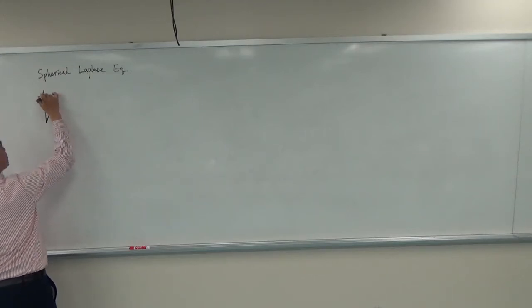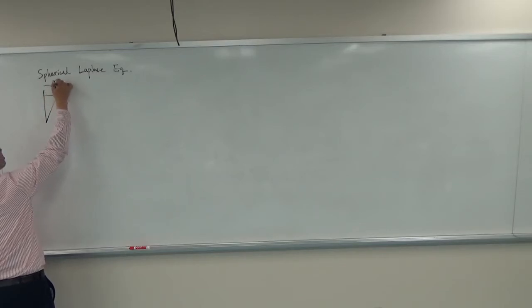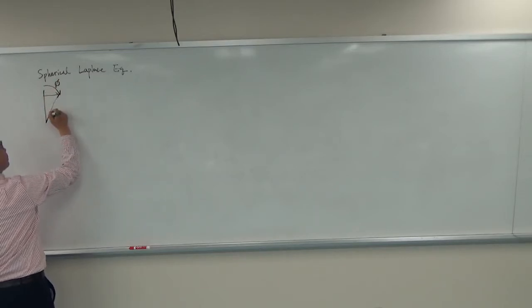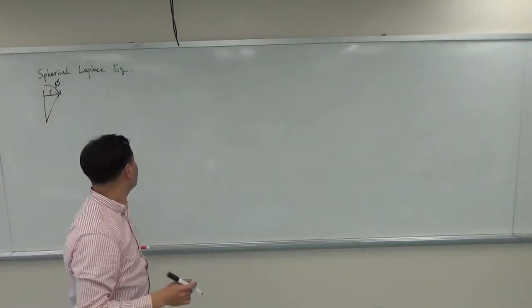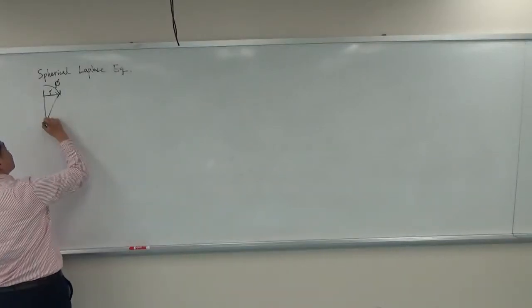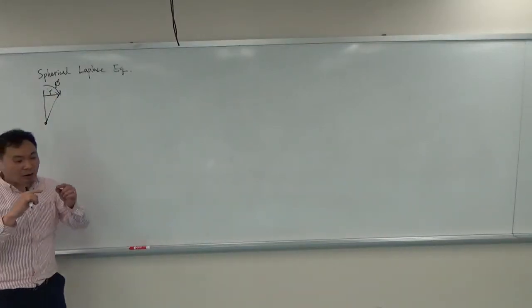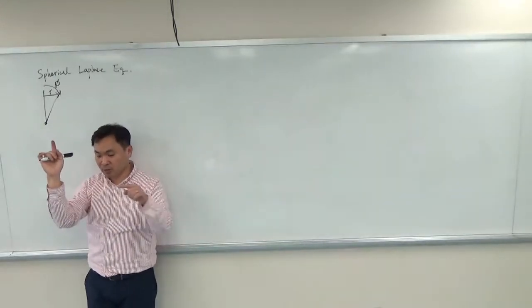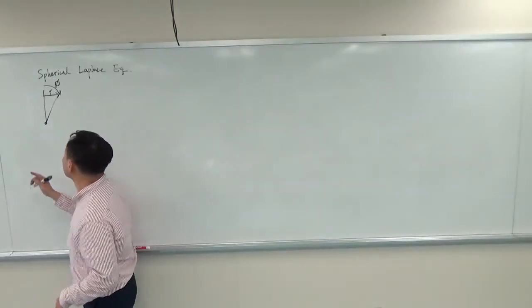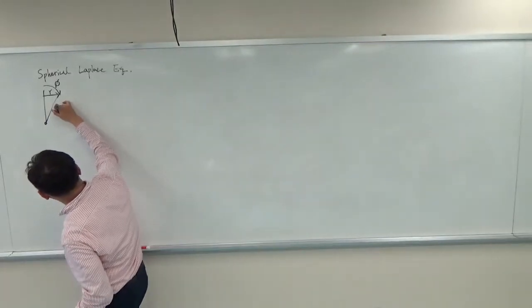You have this picture where the angle from the top is phi, and then you have the usual r that you know from the polar. r in the cylindrical coordinates is the distance from the z-axis, whereas rho is the distance from the origin.